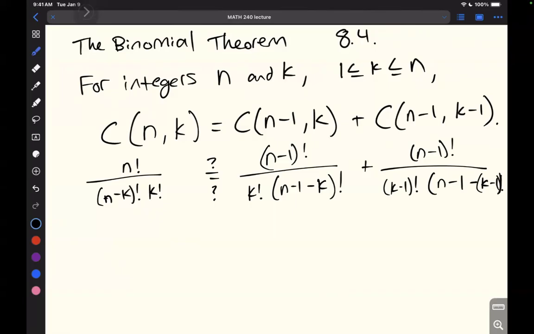We can prove this algebraically. We won't do this in class, but you can do it. This is number 6 of 8.4, in case you're interested. All right, so that's the first activity that I made you do.